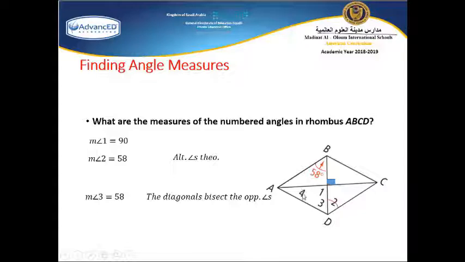To find the measure of angle 4 from the triangle with given angles 1 and 3, we said the measure of angle 1 is 90 and the measure of angle 3 is 58, then we find the measure of angle 4 by subtracting the given angles from 180 to get that the measure of angle 4 equals 32.